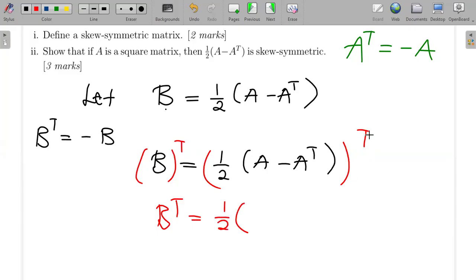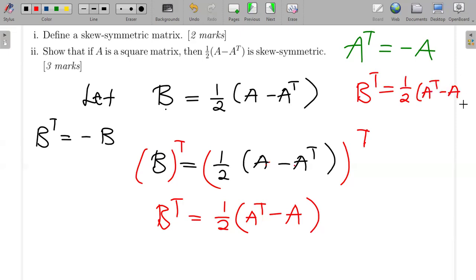Then the transpose goes to the A and also to the A transpose. You can distribute it inside like that when you're adding or subtracting. So when the transpose goes to the A, I have A transpose. Then minus, when the transpose goes to the A transpose, the two transposes cancel out each other, so I just remain with A. So B transpose is actually 1 over 2 times A transpose minus A.